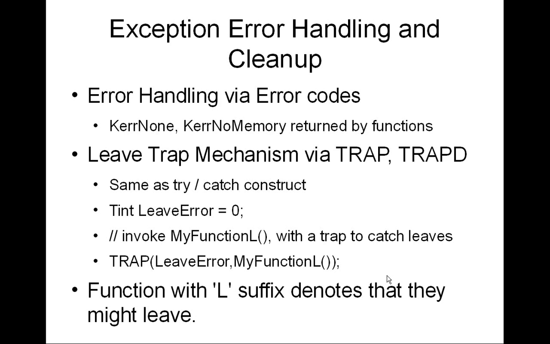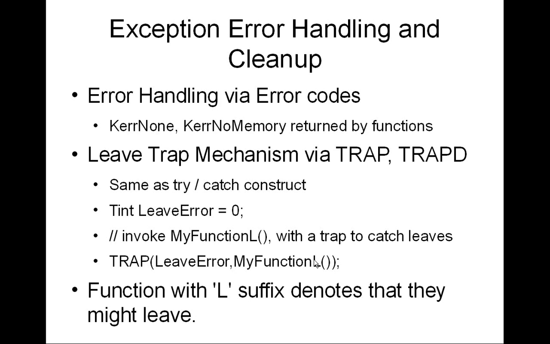Symbian typically uses the L suffix to denote a function that might leave. So it's effectively a definition. If you have used Java, then it's like throws exception. So this function might leave.